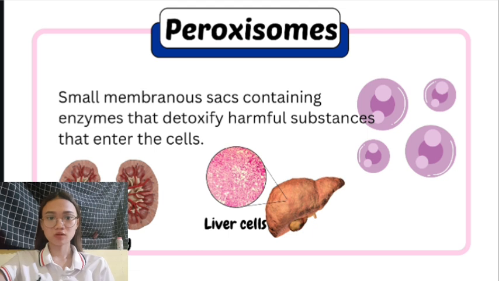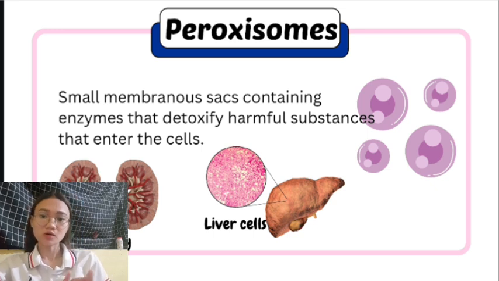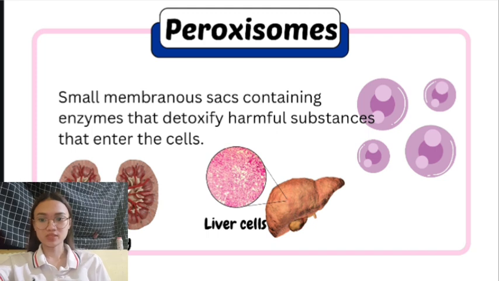Peroxisomes are small membranous sacs containing enzymes that detoxify harmful substances that enter the cell. So, ang peroxisome ay isang uri ng maliliit na bubbles na naglalaman ng mga enzyme at matatagpuan siya sa cytoplasm ng isang cell.